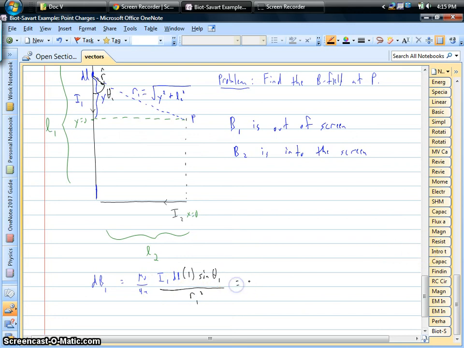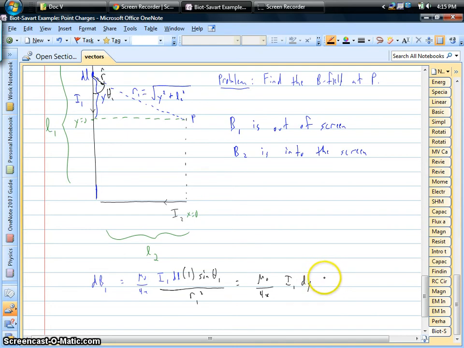Okay, so that little bit of magnetic field, if we simplify this a little bit, let's substitute some things in here. We've got current 1. Because that length is in the y direction, I'm actually going to rename the dl. Let's call it dy. The magnitude of r hat is 1.